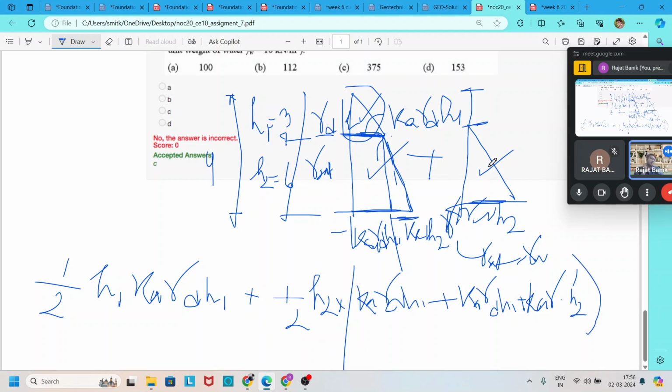The remaining area is the water pressure, which is plus half gamma W into H2 into H2.